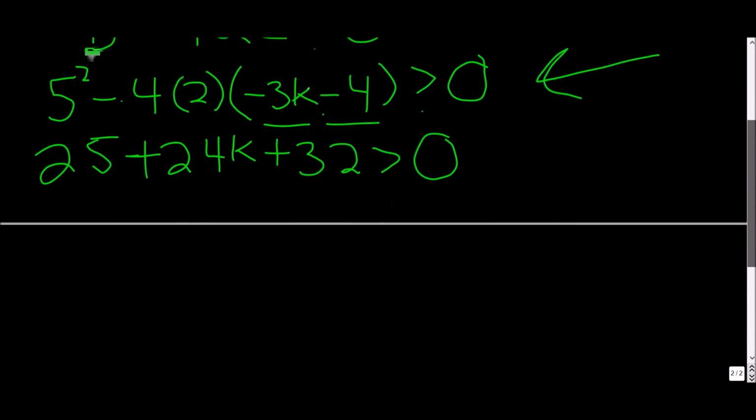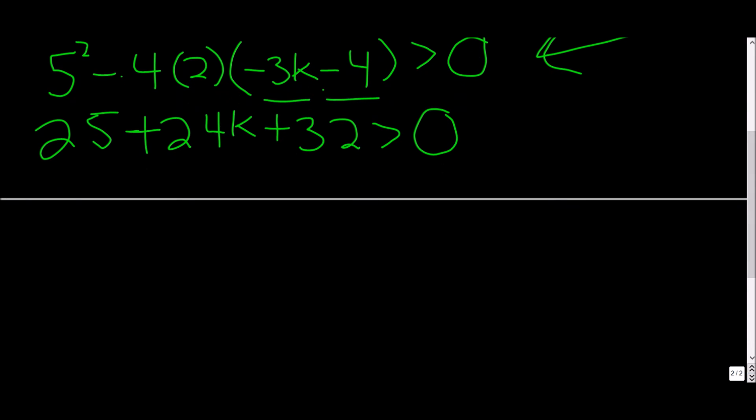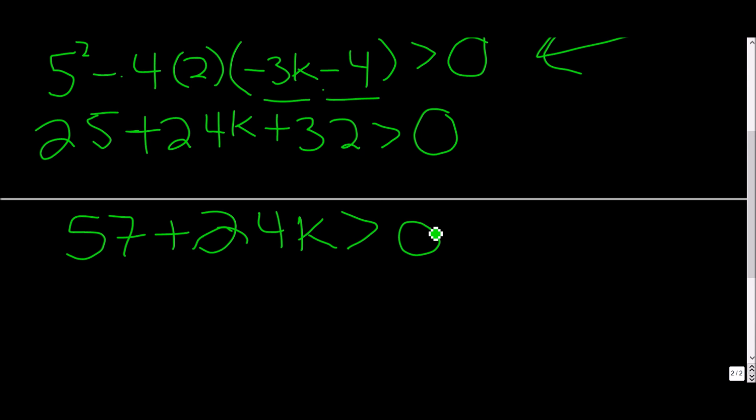At this point we continue to simplify. 25 and 32 together make 57, and then I have my 24k, and that's greater than 0. Now I need to figure out the range of k. When you just have a single variable, not squared, we move everything to one side and isolate it.